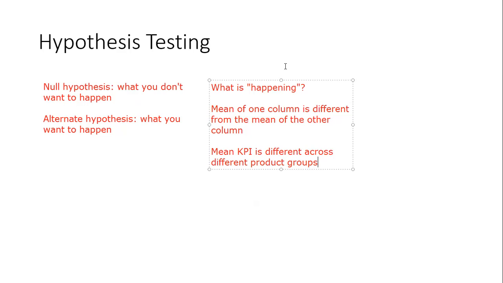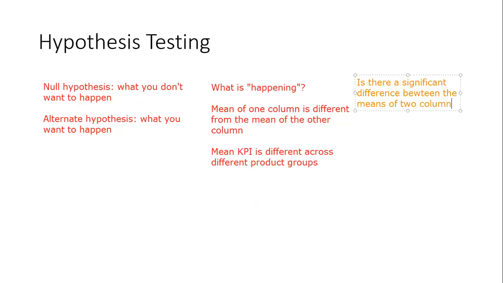So the word that we use typically is, is there a significant difference between the means of two columns or between multiple groups?